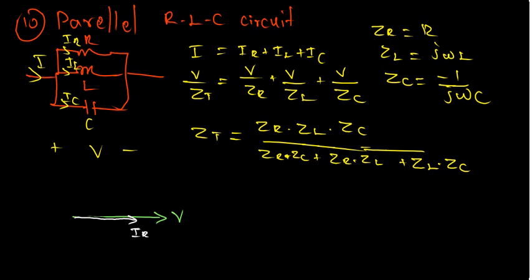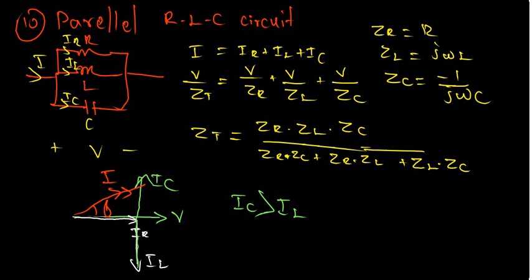IL is always lagging, and IC is always leading. I am taking IC greater than IL. So the final current is given by this line, I total. Phi is the power factor angle.